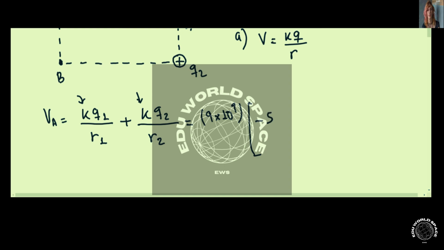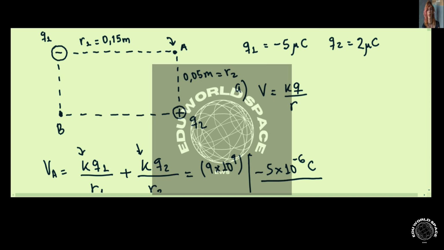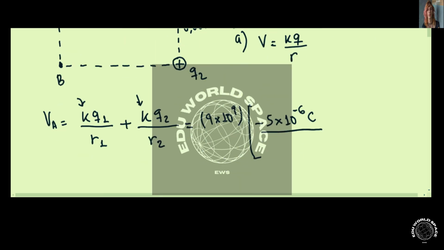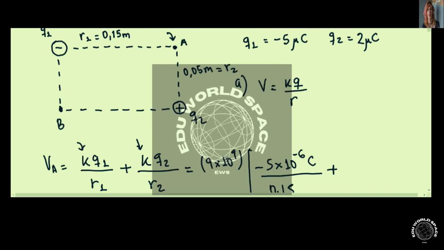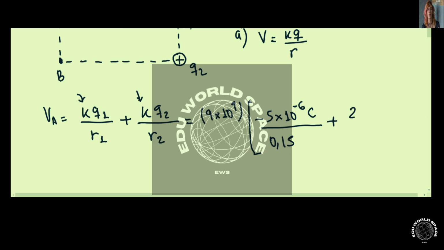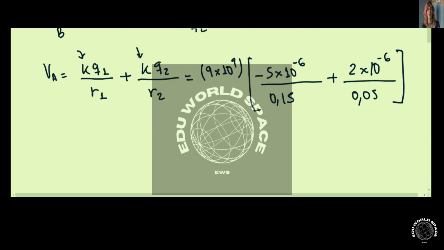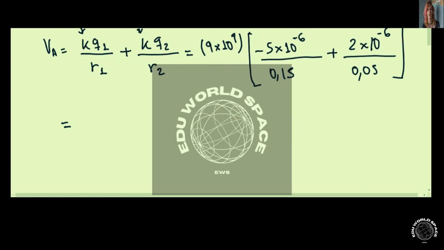So we will have minus 5 times 10 to the minus 6 coulombs over the distance from point A to the charge Q1, which is 0.15, plus the second charge over its distance, which is 0.05.